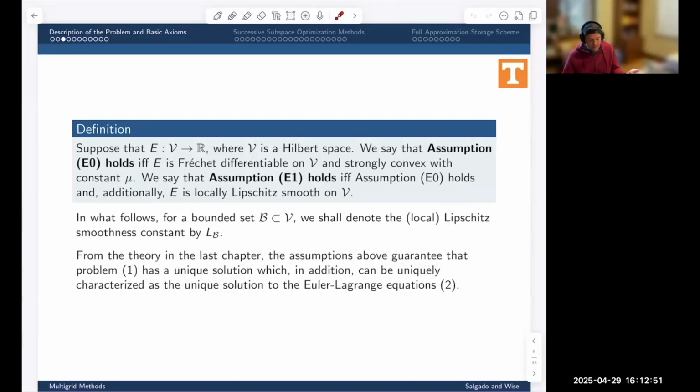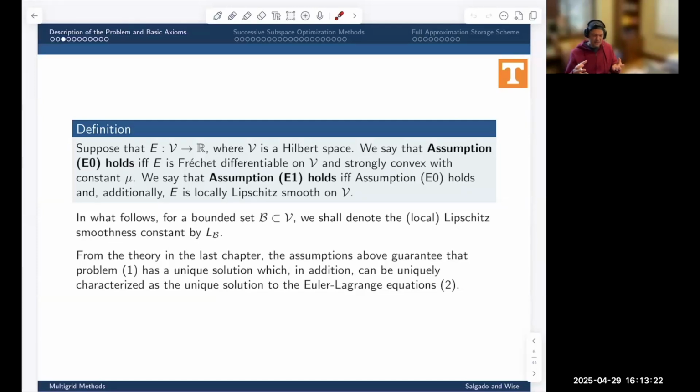For example, we introduced a couple of classes ago this gradient descent method, and we analyzed it and showed that it converges under the assumption that E1 holds. So E0 is Frechet differentiable plus the strong convexity condition, and E1 is that in addition to E being locally Lipschitz smooth.